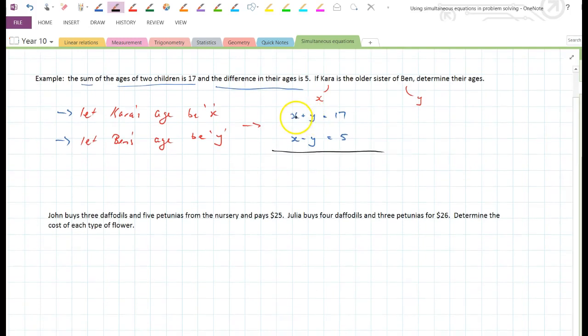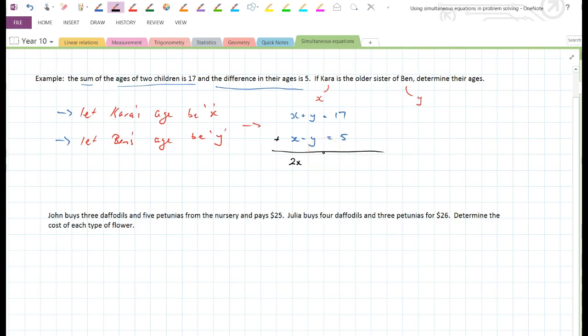Now I've got a choice. I could do X minus X to eliminate X, or I could do Y plus minus Y to eliminate Y. I like adding more than subtracting, so I am going to add these two equations together. So X plus X gives me 2X, Y plus minus Y, gone.